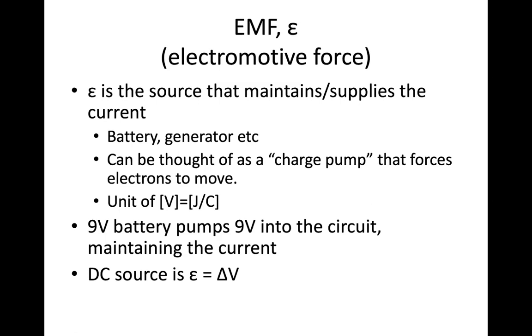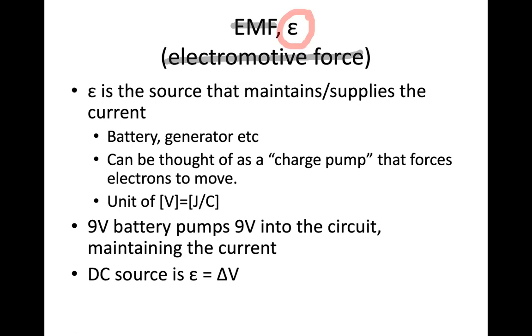Well, we're going to call it the electromotive force, EMF, and we're going to use the Greek symbol, curly E. So electromotive force is a very general definition that says the force that makes the electrons move.